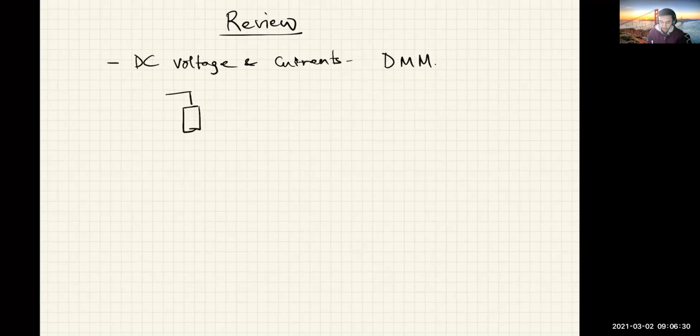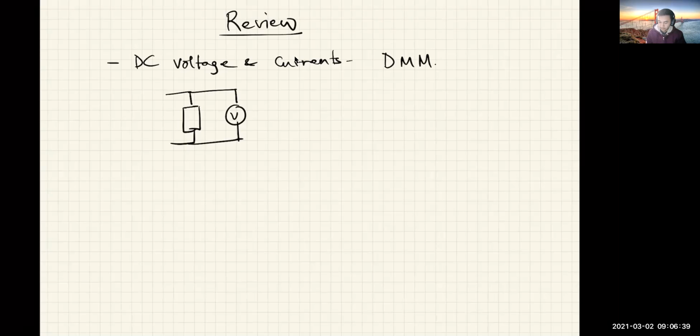Okay. So first of all, you learned about measuring DC voltage and currents, using a DMM. Now, the key here was, whenever measuring a voltage, to attach the voltmeter in parallel to the voltage that you're trying to measure.